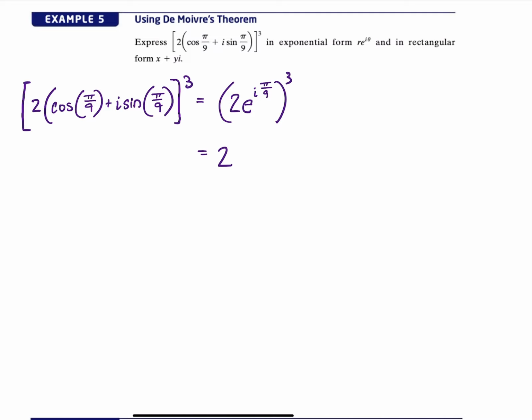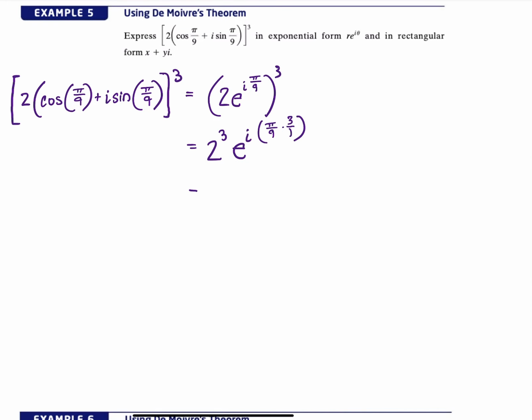So the 2 will get raised to that third power, and the angle gets multiplied because we're just applying this rule of exponents, pi over 9 times 3 over 1. So we end up with 3 pi over 9, which turns into pi over 3.